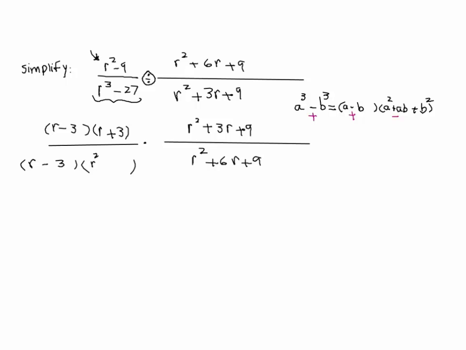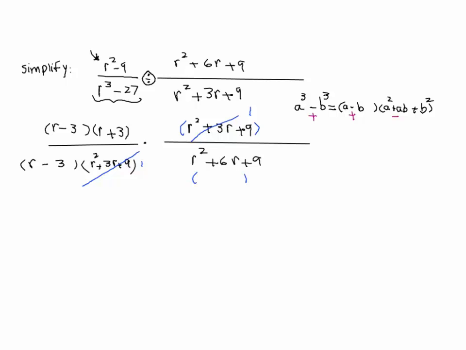So in this case I would have (r − 3) times (r² + 3r + 9): the first term squared is r², the product of these two is 3r, and the second term squared is 9. As you see, r² + 3r + 9 reduces with r² + 3r + 9 at the top of the fraction here. So this was prime, it's not factorable.